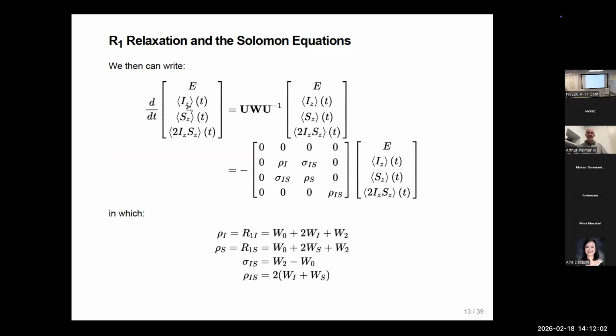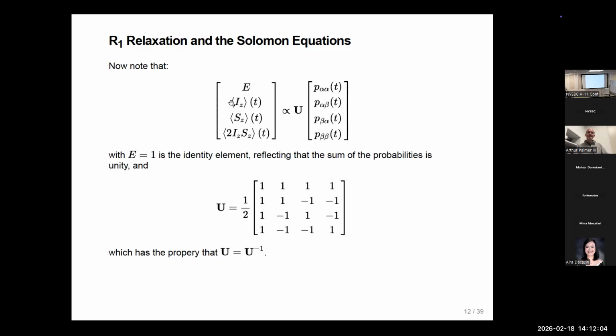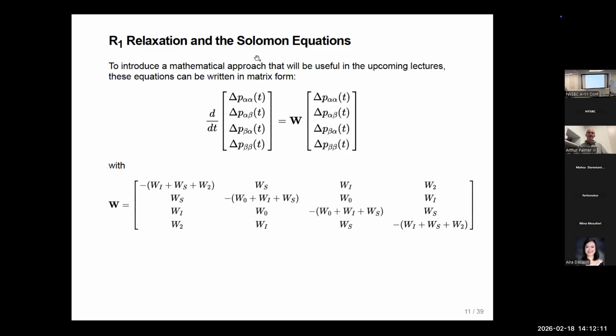If I want to transform this vector into the magnetizations, I have to multiply by U on the left side. And U is independent of time. So if I multiply by U, I can move it inside the differential.